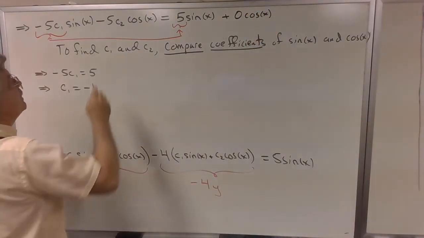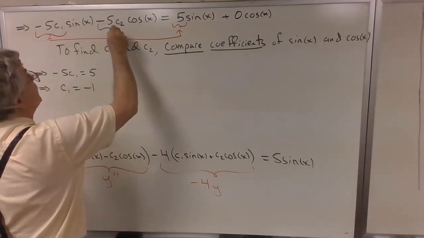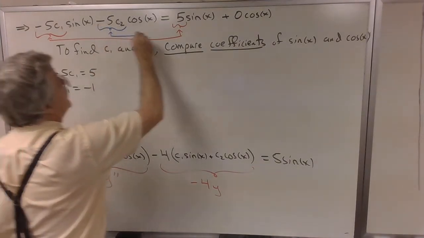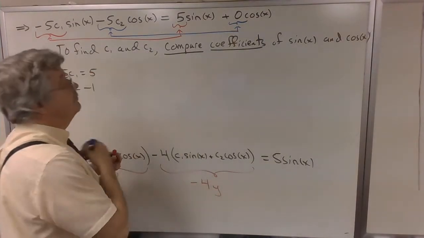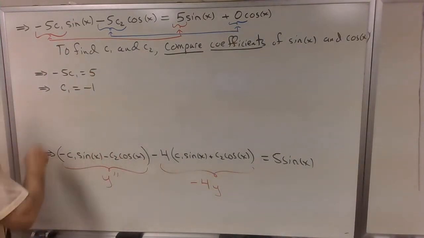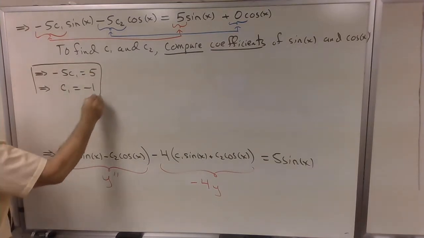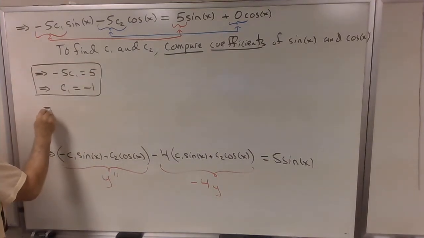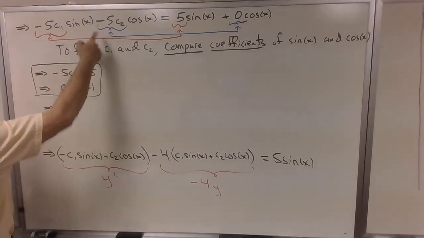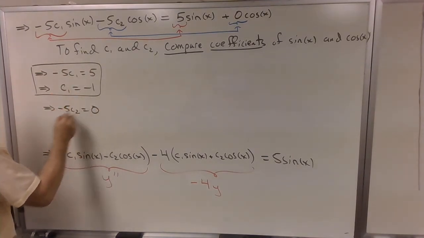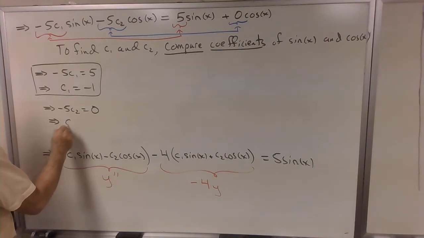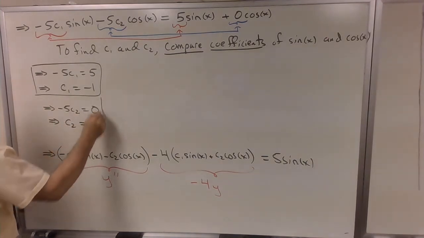Now, when I compare the coefficients, I have something to compare. So I have negative 5c2 equals 0, and that means that c2 equals 0.